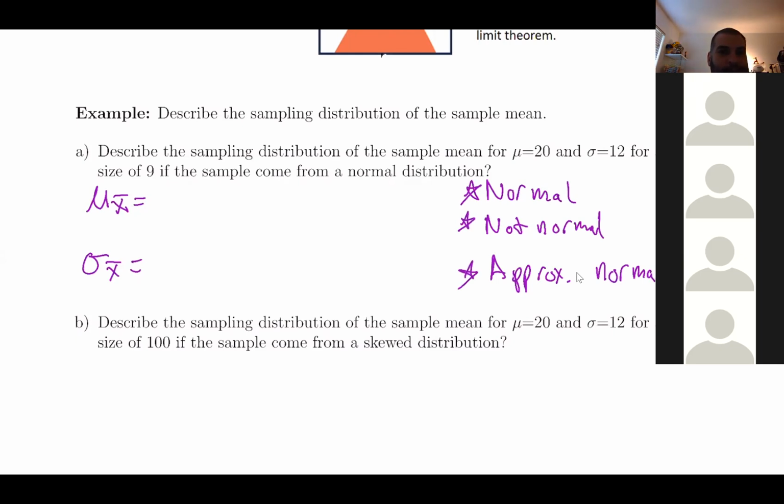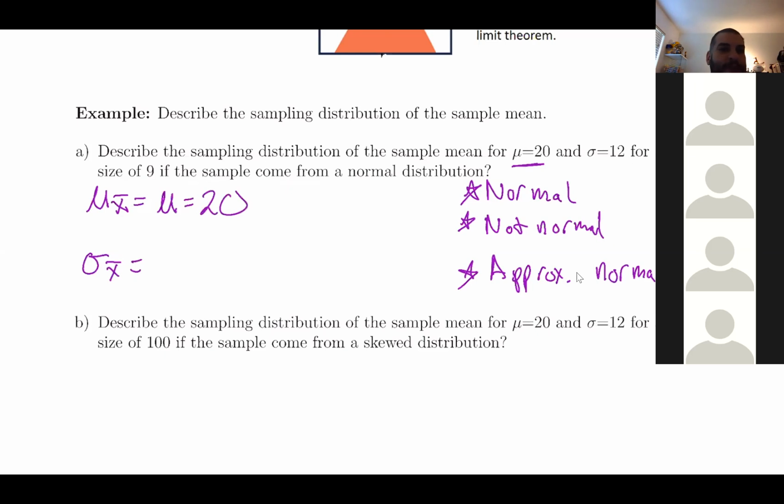So let's go ahead and look at this. It says describe the sampling distribution of the sample mean for mu is equal to 20, sigma is equal to 12, for a sample size of 9 if the sample comes from a normal distribution. For this one, let's first do mu of x bar. Mu of x bar is just equal to mu, which they tell us is equal to 20.